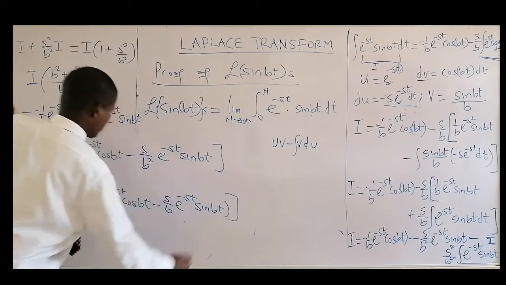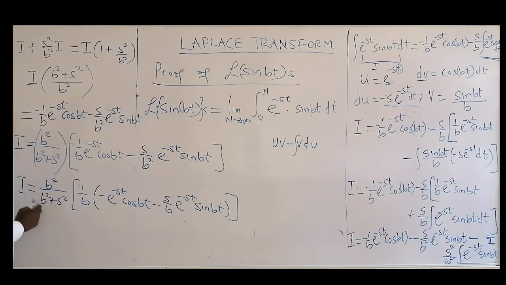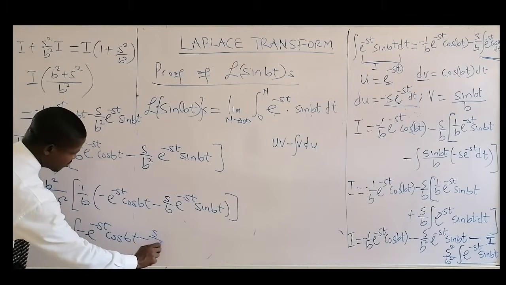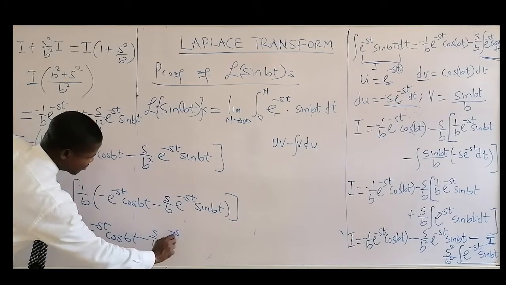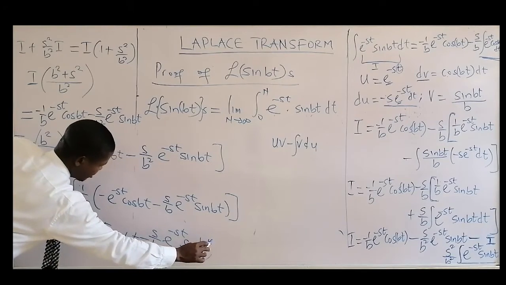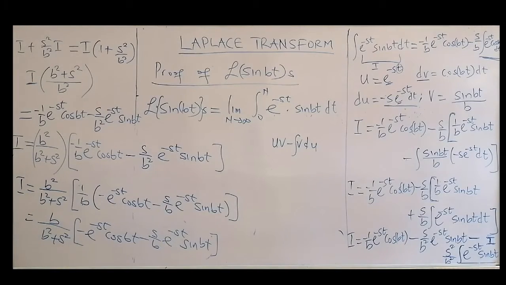We close it. If you take this 1 over b outside, then you now have b over b squared plus x squared into the bracket minus this cos bt minus x over b e to the minus this sine bt. Okay, so that's the integral.